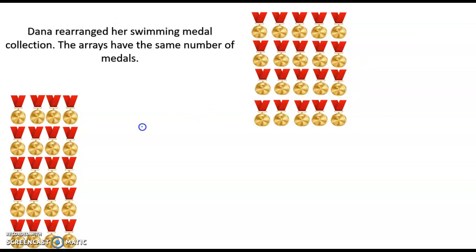What if Dana rearranged her swimming medal collection and the array had the same number of medals, but she wanted to make the rows and columns different? So we know she had 20. And she had 4 different rows. Well, here she's got 1, 2, 3, 4, 5 rows with 1, 2, 3, 4 in each row.